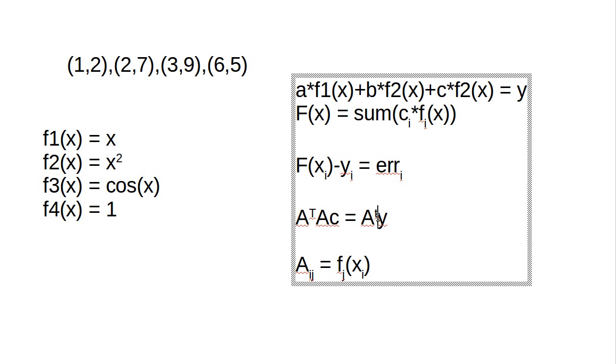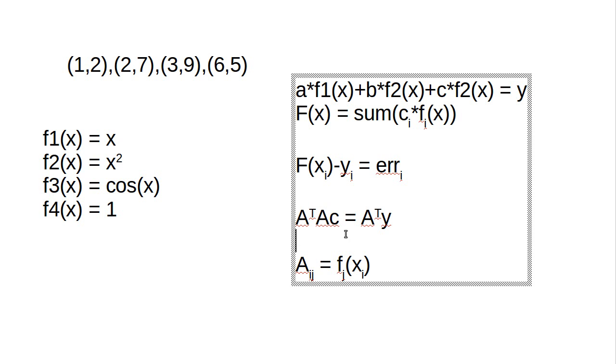We take the transpose of A, multiply it out, and now this is something that we can solve using Gaussian elimination if we were to code that up, but note that this also can be solved using LUP factorization, which your book gives you. The LUP decomposition will be much more numerically stable. Whereas Gaussian elimination could run into problems if your math isn't well behaved, the LUP is going to be better behaved for you.